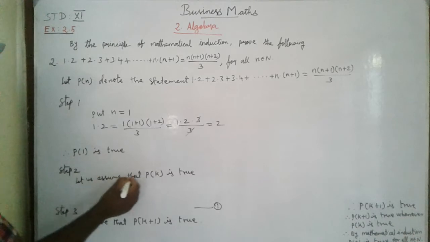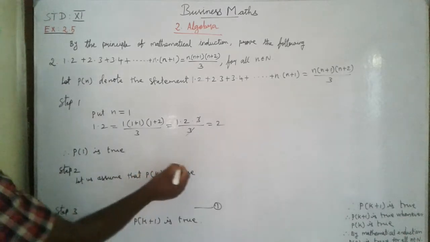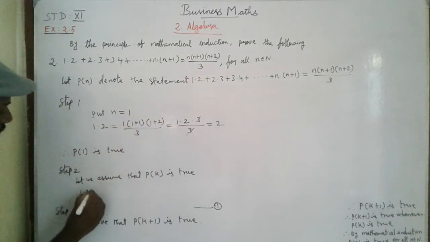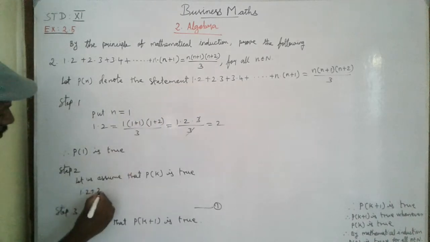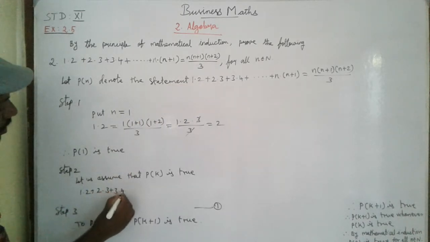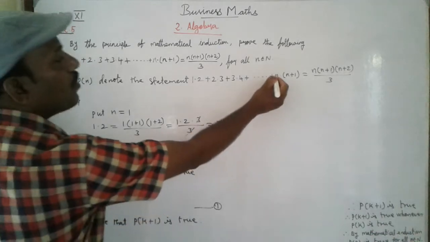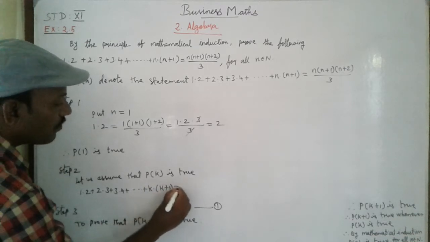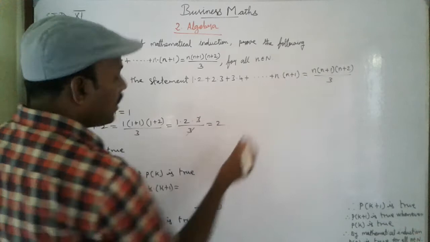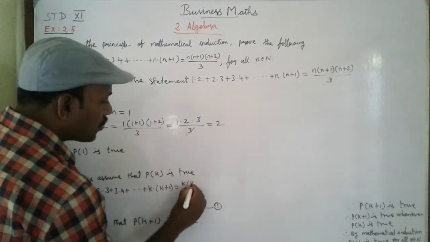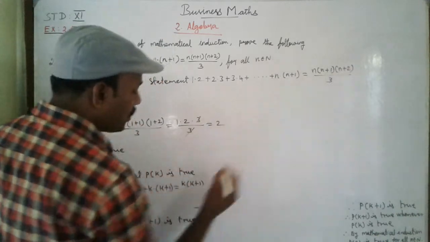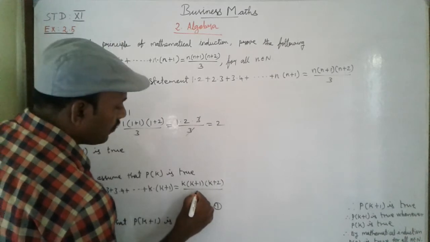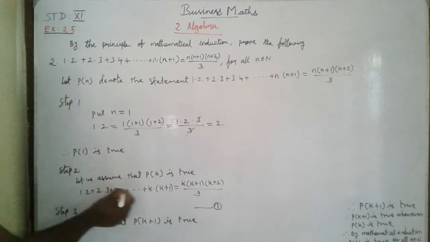Step 2: let us assume that P(k) is true. Then n is k, we substitute: 1 into 2 plus 2 into 3 plus 3 into 4 plus and so on, plus k into (k+1), equal to, substituting n is k, k(k+1)(k+2) divided by 3, is also true.